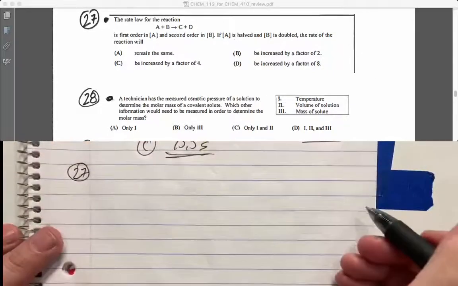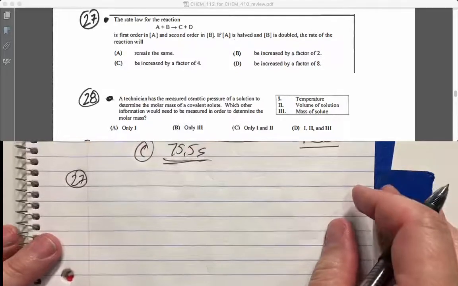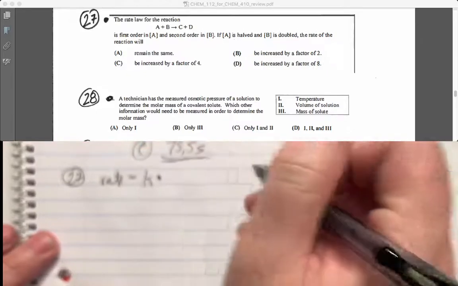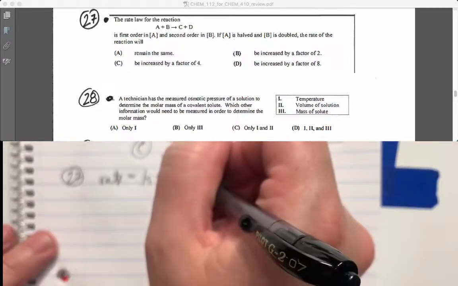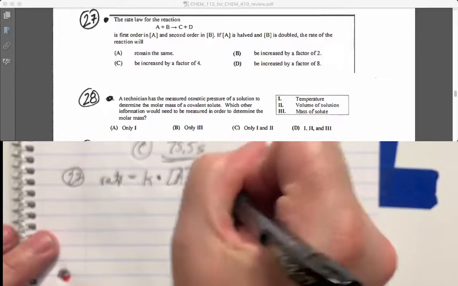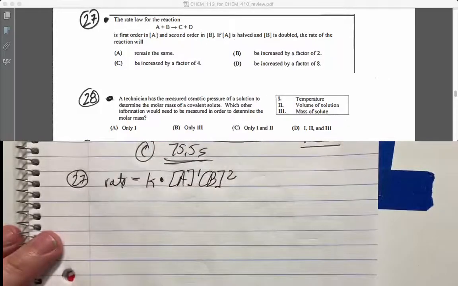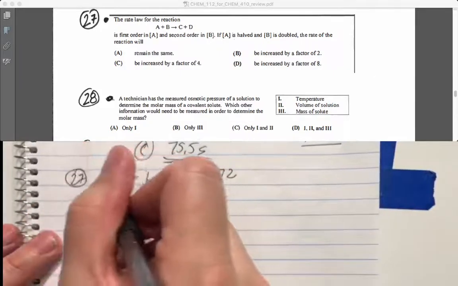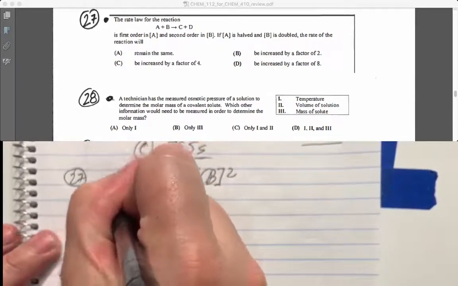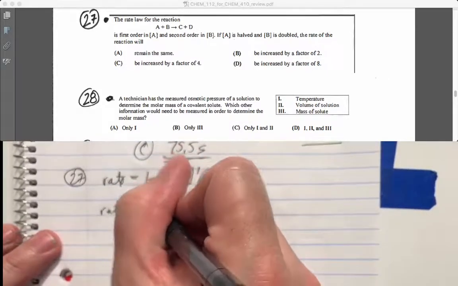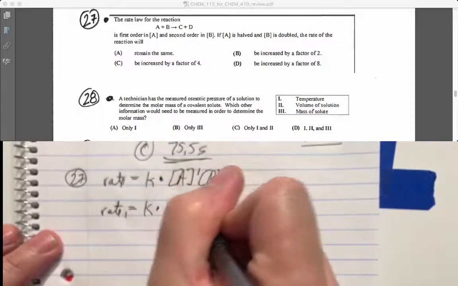Okay, here rate, and we're given the rate equals some constant K, and it says A is to the first order, and B is to the second order. And so let's call this, it's not going to be super exciting, rate 1 is going to be K times basically just what I've written.